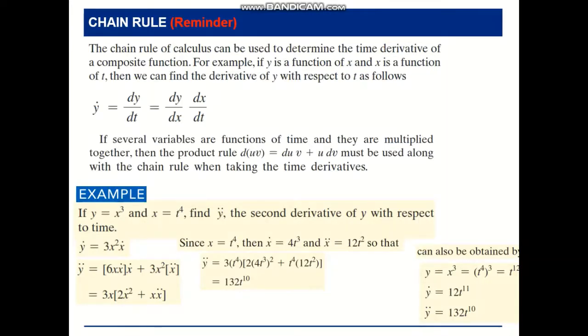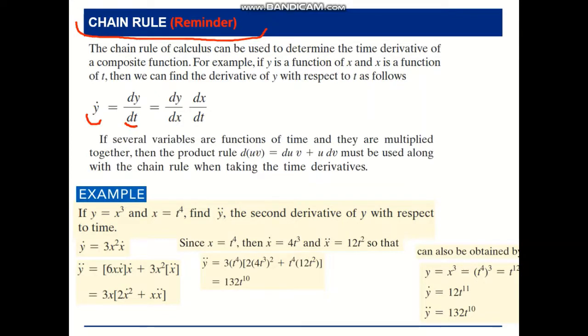Before we go further, it's better to remind the chain rule, because we are going to use it in this class a lot. In short, if we take a derivative of y with respect to time, which is the first derivative, let's say, it is dy/dt.